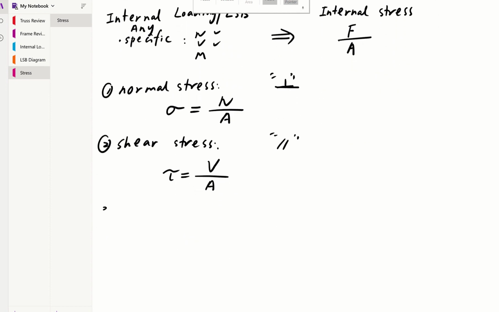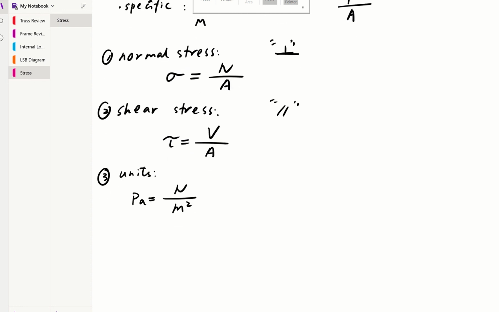Another thing worth looking into is a little more discussion on the units. We talked about just now that Pascal is Newton per meter square. So now I want to pose a question to you. What is Newton per millimeter square? We learned 1 meter is 1,000 millimeter.